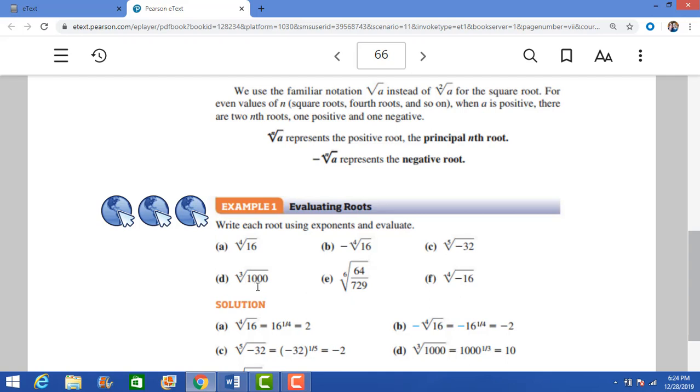And then likewise here, 1,000 can be written as 10 to the third power, and the third power cancels with the third root, and so we're going to end up getting 10.